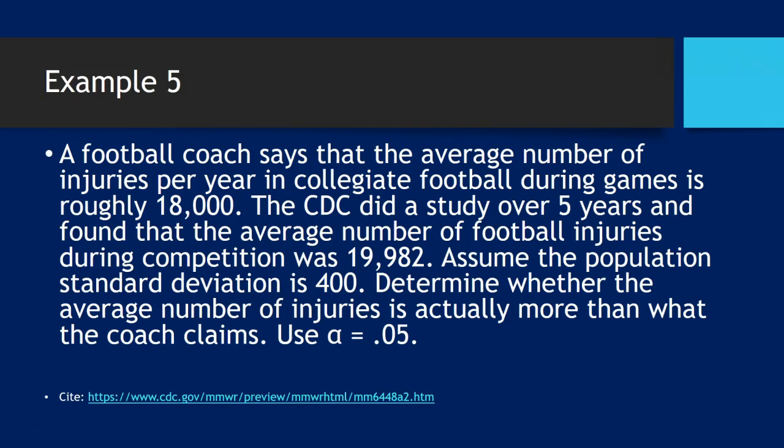There was actually a study done over 5 years, and they found that the average number of football injuries during competitions was 19,982. Assume that the population standard deviation is 400. Determine whether the average number of injuries is actually more than what the coaches claimed.